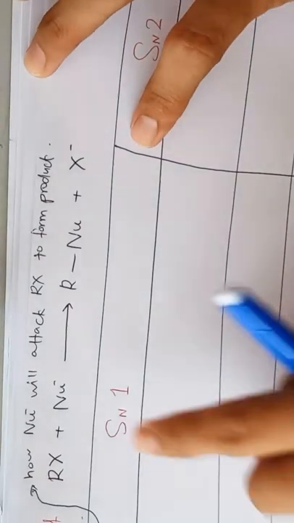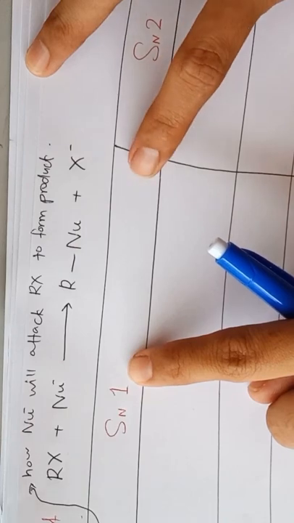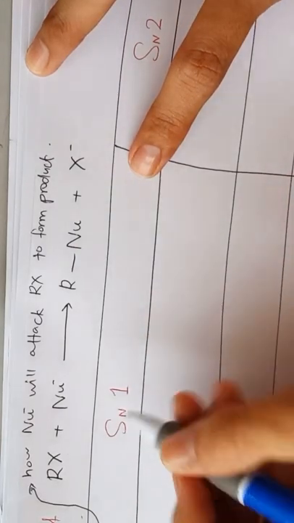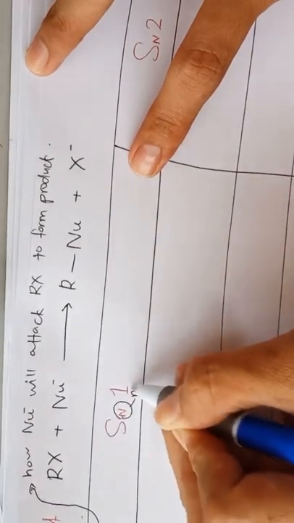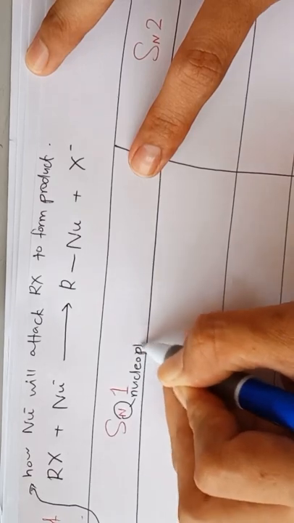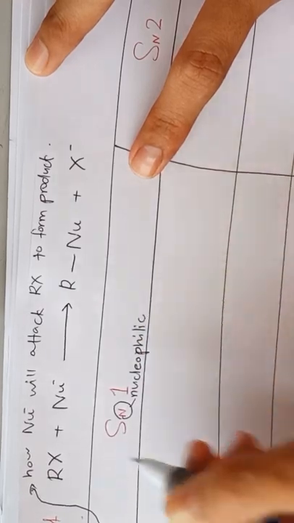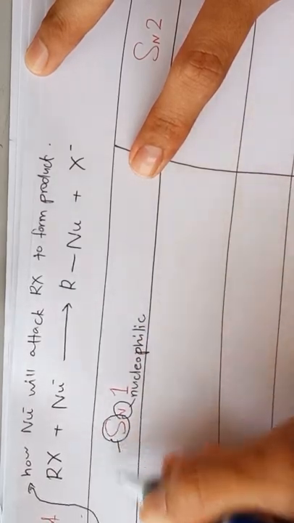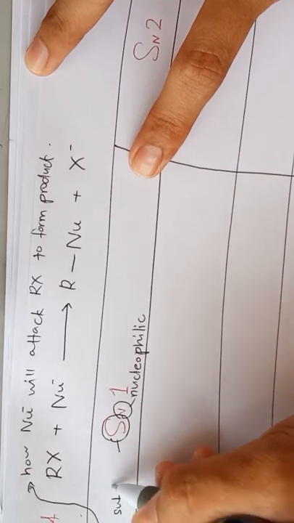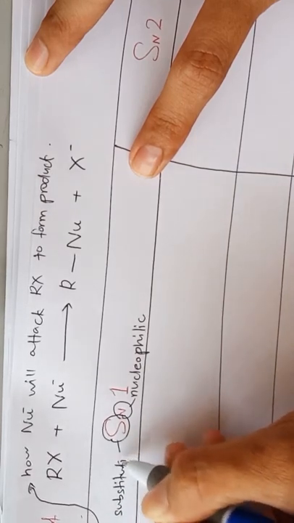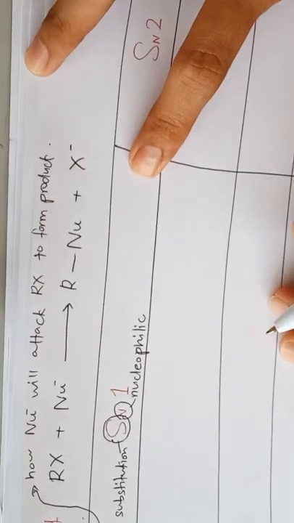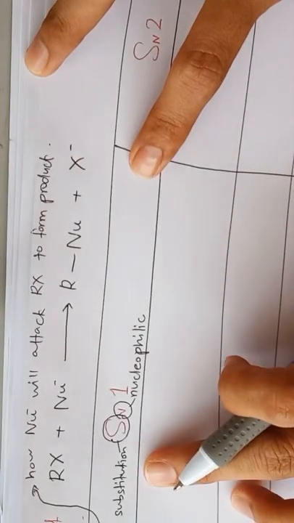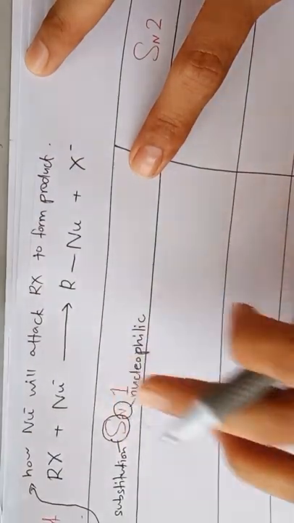So what is SN1 referring to? Basically, N is nucleophilic and S is substitution. As we said earlier, this is a nucleophilic substitution. So why is it called SN1?